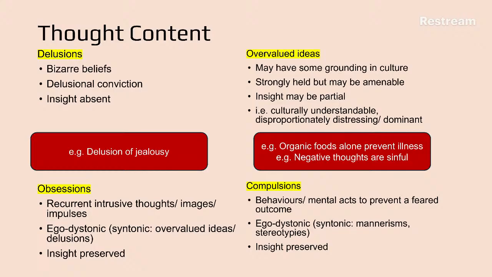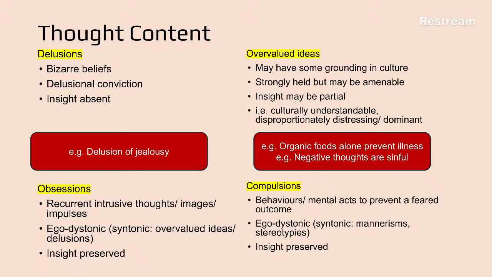If the patient experiences them as non-distressing, or ego syntonic, those are more likely overvalued ideas or delusions or preoccupations. With obsessions, insight is preserved because the patient recognizes that these thoughts are foreign, they are wrong to them, and they find them distressing. So insight into these obsessions is preserved.